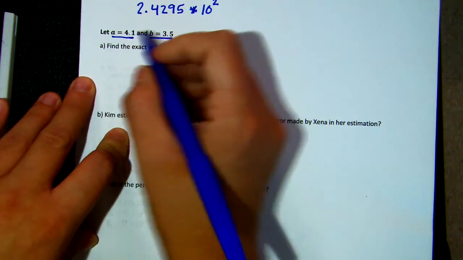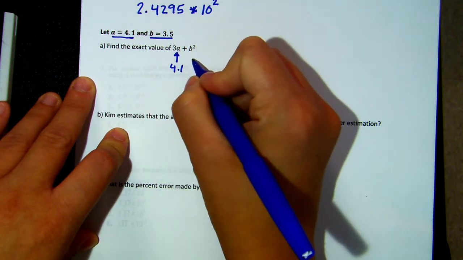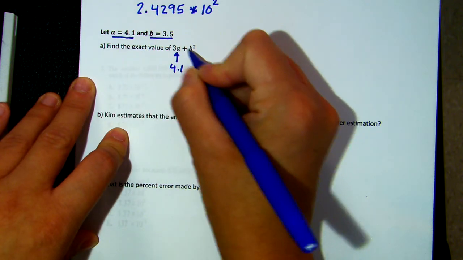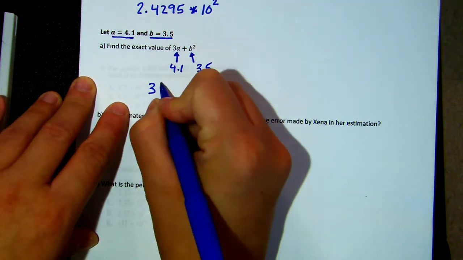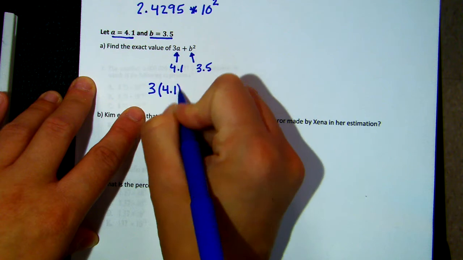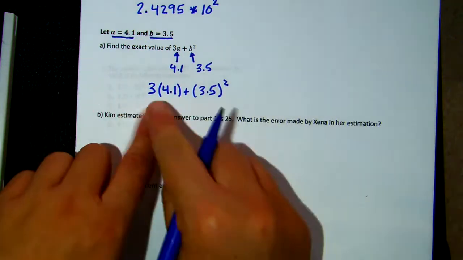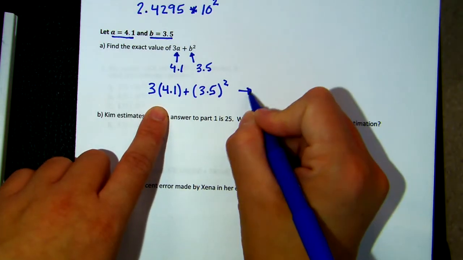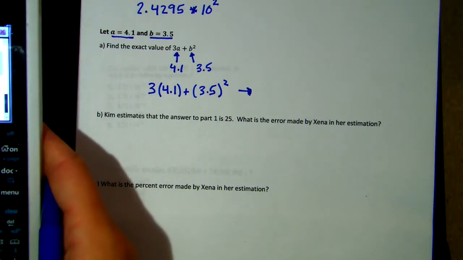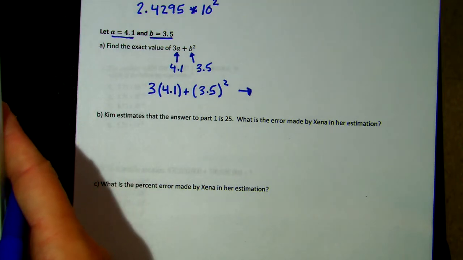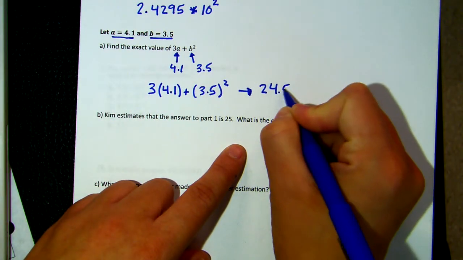So I know that A is 4.1, so I'm going to plug in 4.1 for A. I know B is 3.5, so I'm going to plug in 3.5 for B. When you plug it into your calculator, make sure you are using those parentheses to keep order of operations correct. So when I plug that into my calculator, I should get 3 times 4.1 plus 3.5 squared. That gives me 24.55.